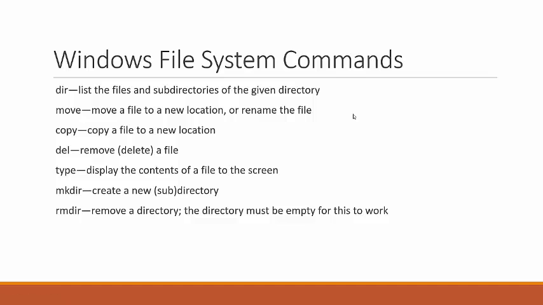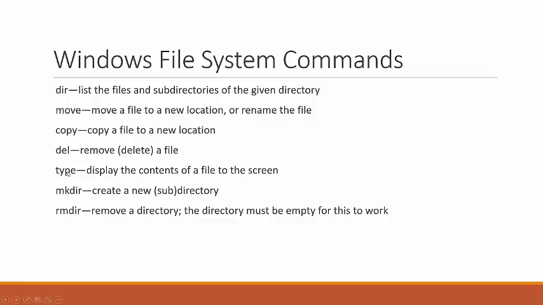Like Linux, the Windows command line environment has commands to manipulate files within it. And they're very analogous to the Linux ones. So whereas Linux had ls to see the contents of a folder, under Windows it's dir, directory. Move versus mv, copy versus cp, del versus rm.